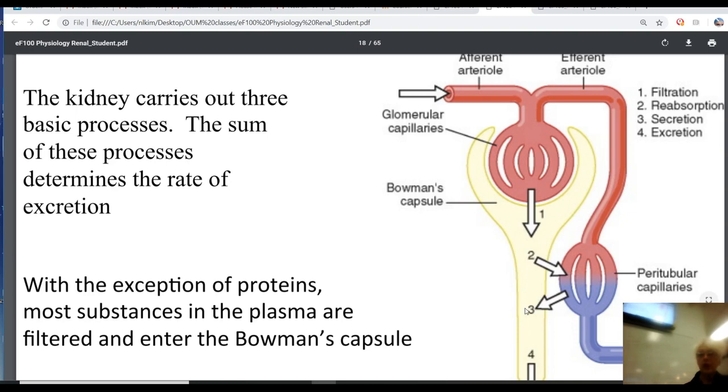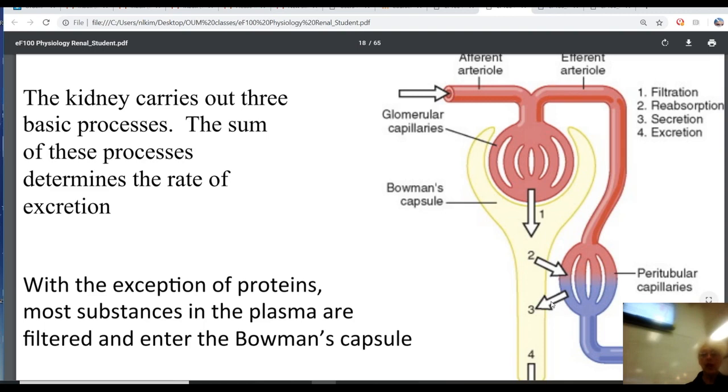Now, at your peritubular capillaries, let's take a look at what's happening here. Here's Bowman's capsule, and here we get into your proximal convoluted tubules going this way. But notice what's happening right next to Bowman's capsule as we start going into the proximal convoluted tubules.